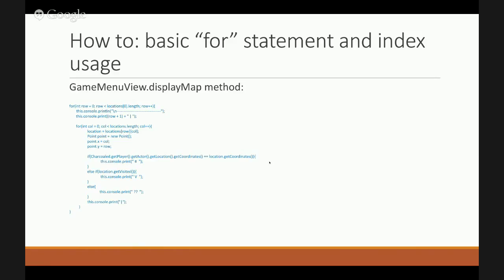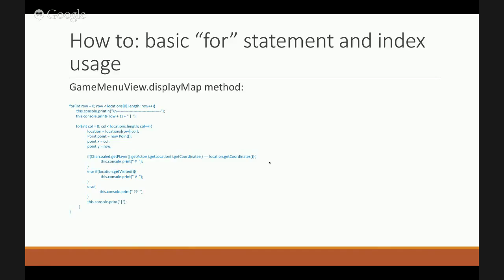In this case, if the actor is within the location that we are currently iterating to, it shows the character, the hash sign. And if not, if the variable location.get visited is true, it will print a v.